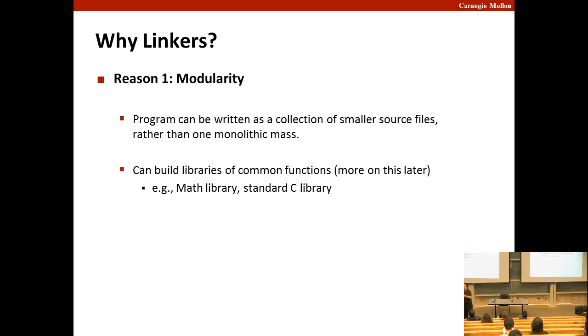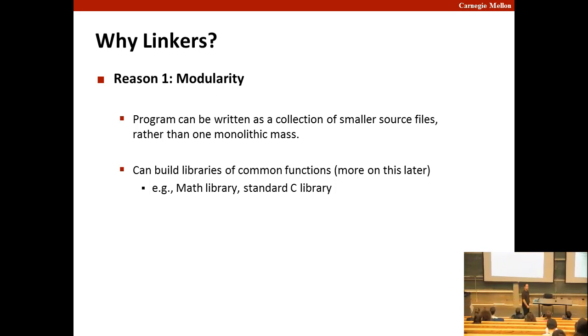Being able to write things in separate pieces allows us to reuse parts of them. If I have one .c file and I compile it to a .o file and include it in some library, either as a shared object or part of an archive, then several different programs can use that. We're able to share that code. And if there's a bug, we have to fix that bug once in the module, and then we can relink and everything else gets that fixed.